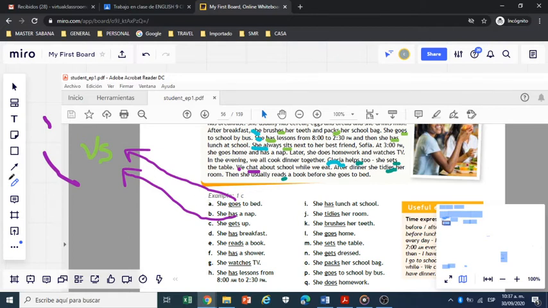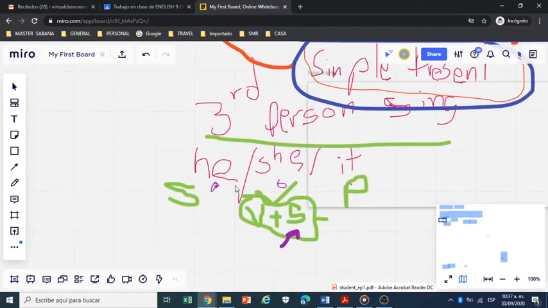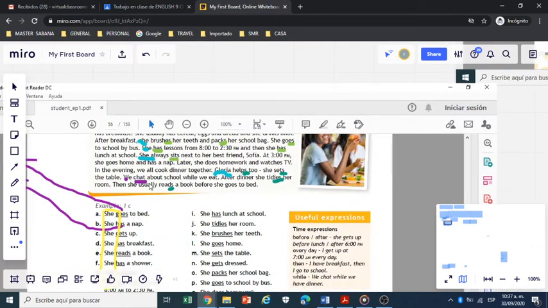This is the third person singular. Remember the third person singular: he, she, it, or singular names like, for example, Gloria, Carlos, the cat, the dog, in singular.